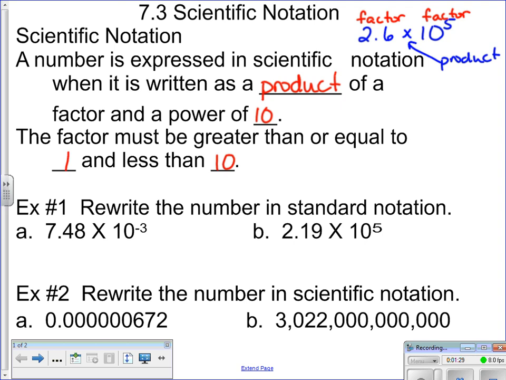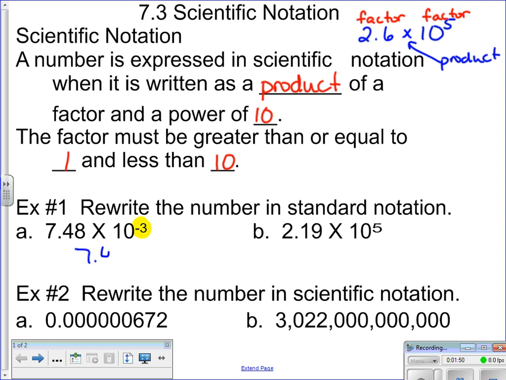Now, let's take a look at some of these numbers. Number 1 says rewrite it in standard form. Currently it's in scientific notation. So if we're going to move it into standard, we need to look at the exponent to see how many places to move the decimal. Now this says -3.